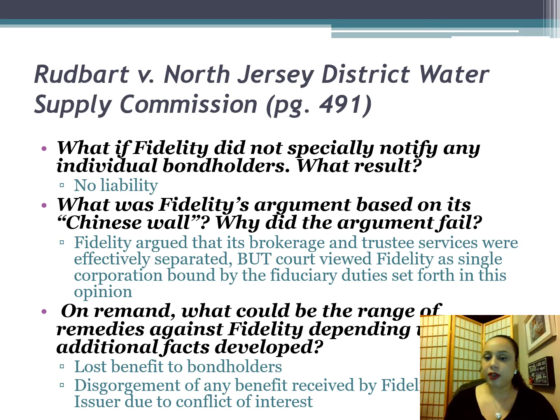Maybe that could have been a way of retaining those clients that would have otherwise left to go to a different broker. And so the essence of the damages, this brings us to the last question, would entail the lost benefit to the bondholders, of course, but also a disgorgement of any benefit received by Fidelity due to the conflict of interest.